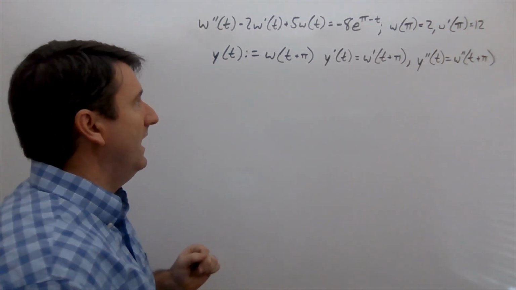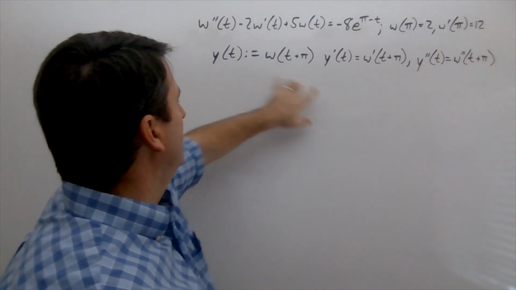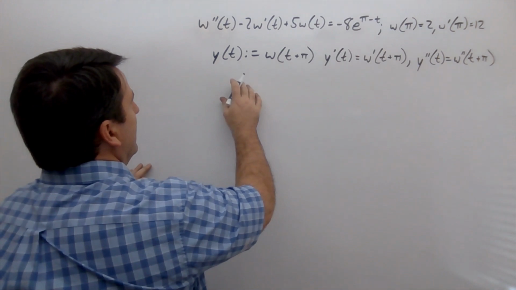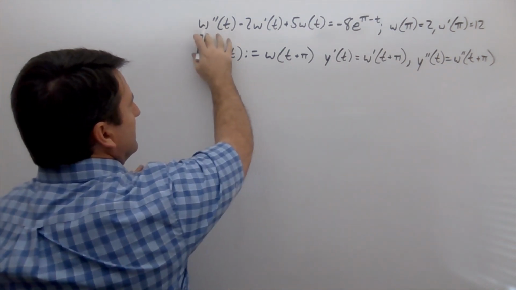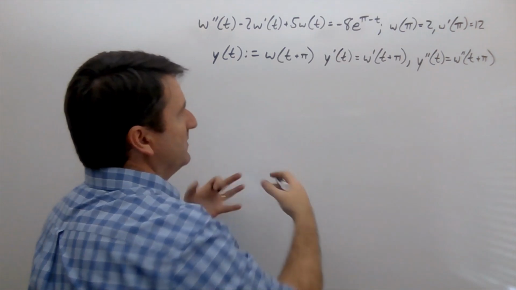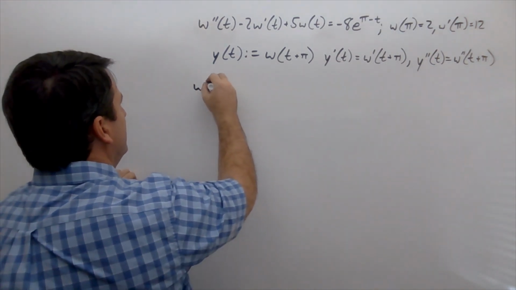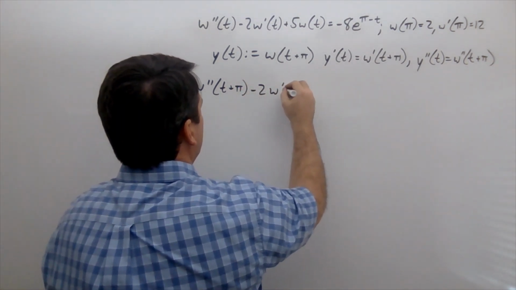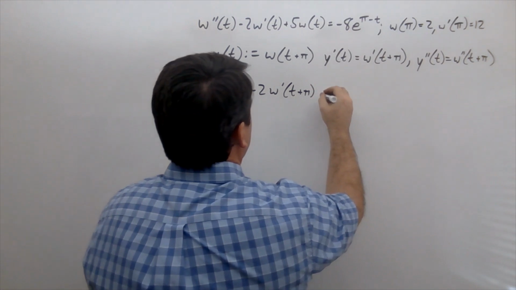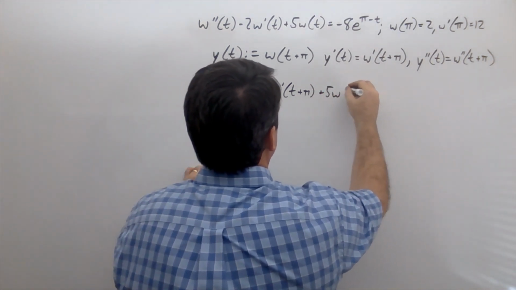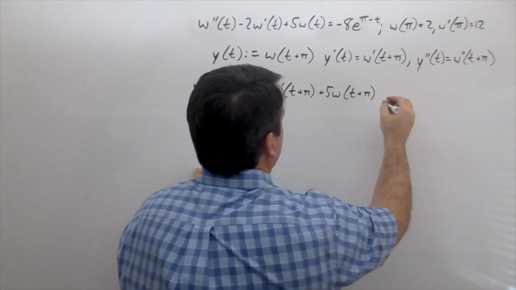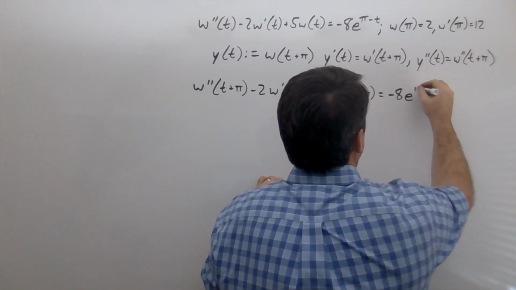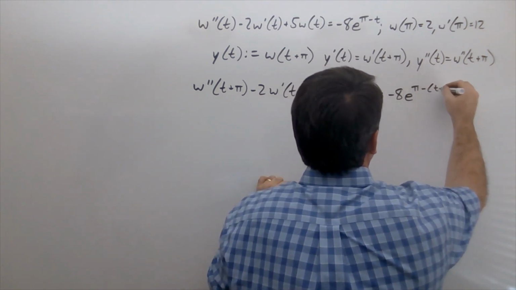All right. Now we can go through and rewrite this problem. Let's first replace these t's with t plus pi. So we get w double prime of t plus pi minus 2 w prime of t plus pi plus 5 w of t plus pi is equal to negative 8 e to the pi minus t plus pi.